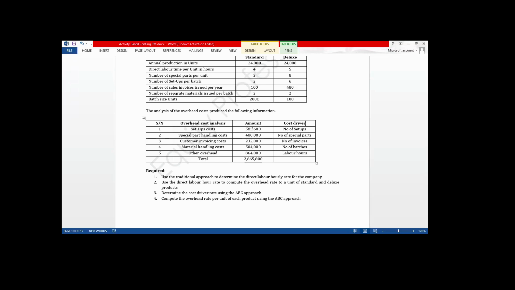Everything. The examiner didn't say number of separate materials per batch. He said the cost driver for material handling cost is number of batches. Is that clear, please? Is it getting better, please? Yes, sir. Okay.